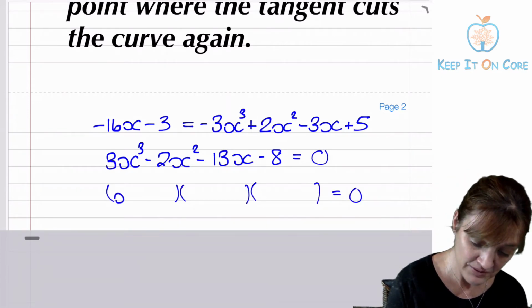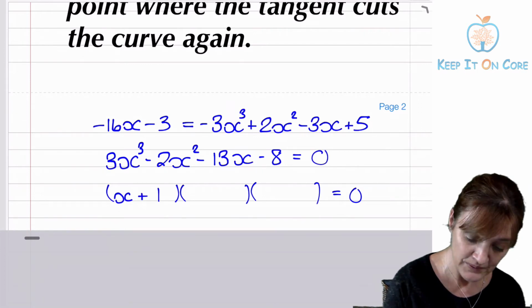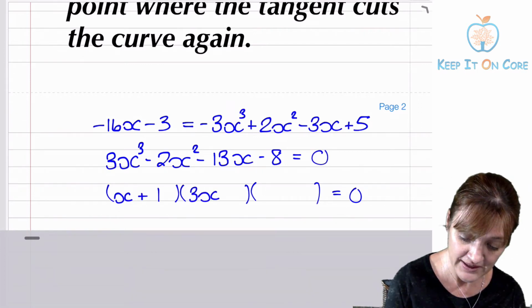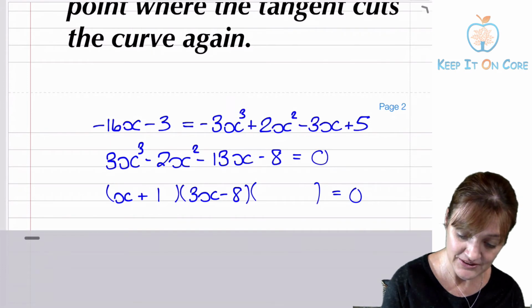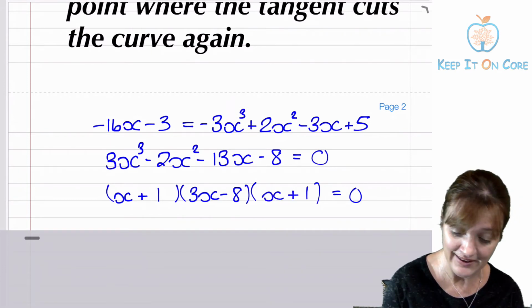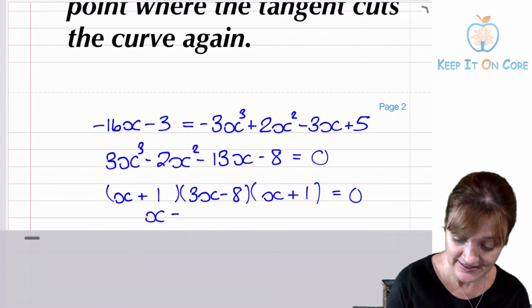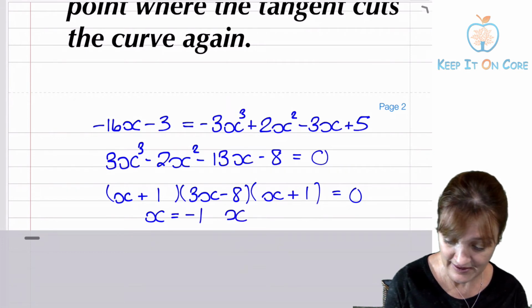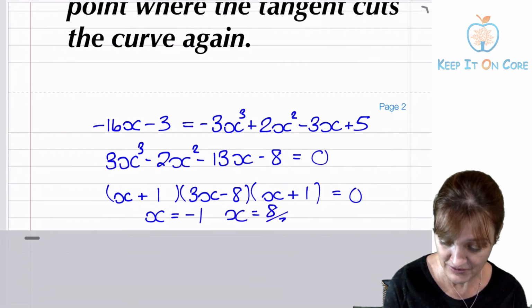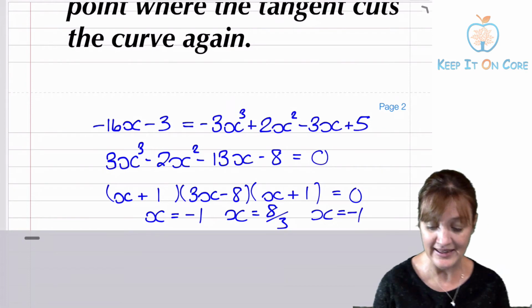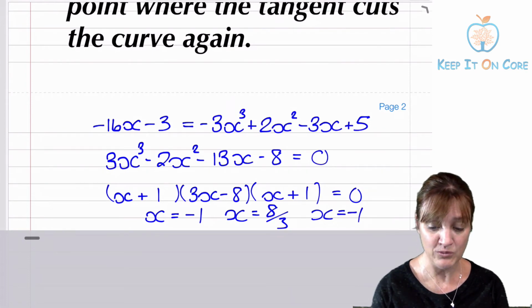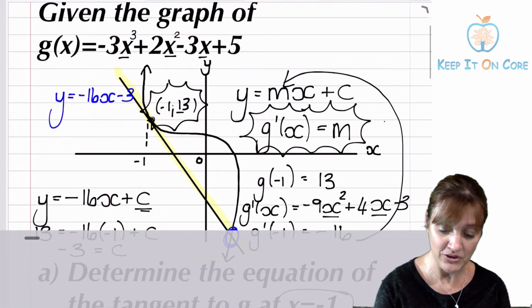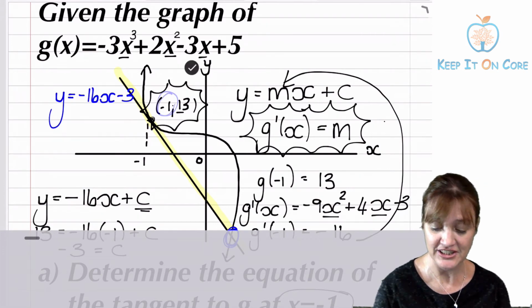You need to have three brackets: an x plus 1, a 3x minus 8, and an x plus 1, which means that x is negative 1, 8 over 3, and negative 1 again. We already knew negative 1 was the one point where the graphs touched each other.